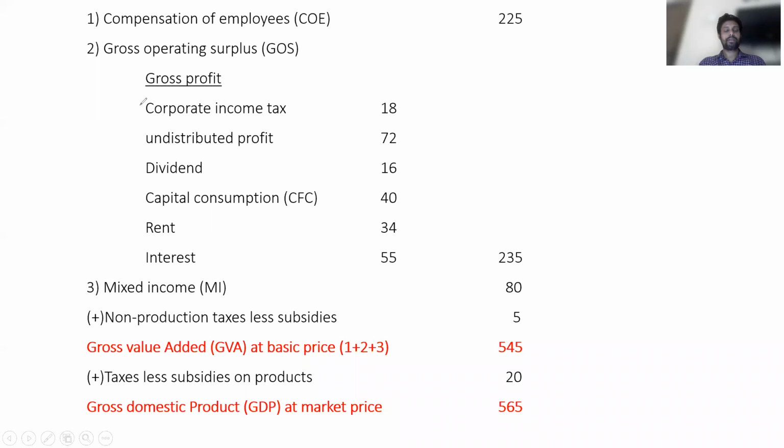So this is also an important exam point. We have to know what are the things, what kind of elements are there under gross profit. So corporate income tax, undistributed profit, dividend. All these four, including capital consumption, is said to be gross profit. This is the value, gross profit.